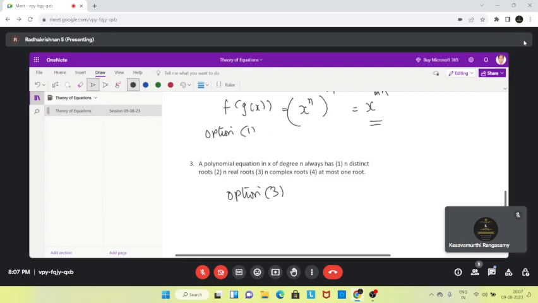Okay, let's go to the next problem. This is your Vieta's theorem.